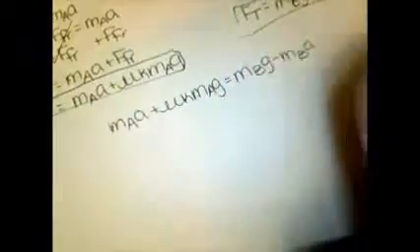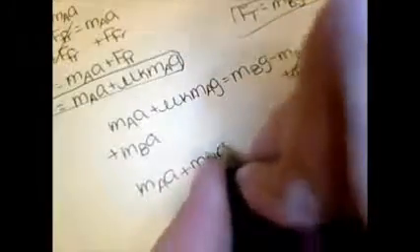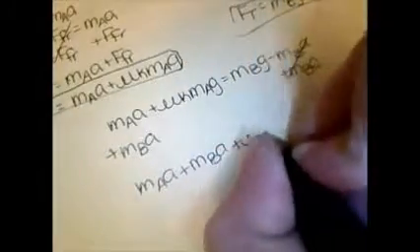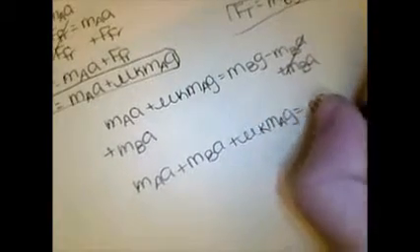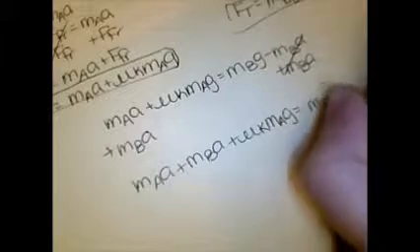So we're going to add mBa to both sides, cancel that out. And now we're going to be left with mAa plus mBa plus mu k mAg equals mBg.